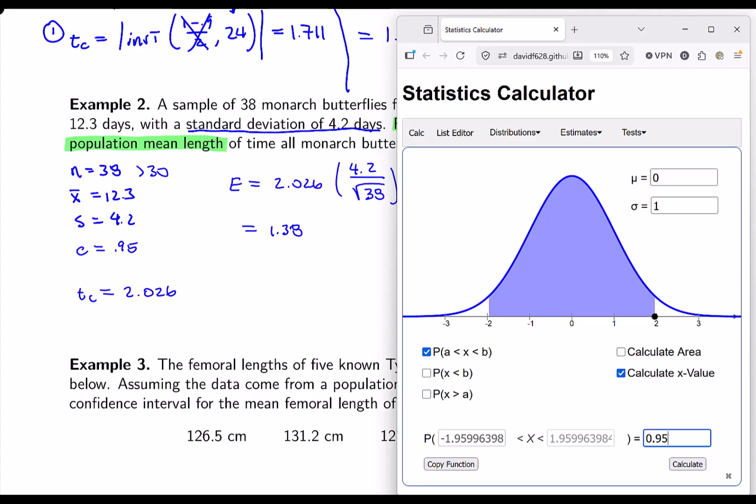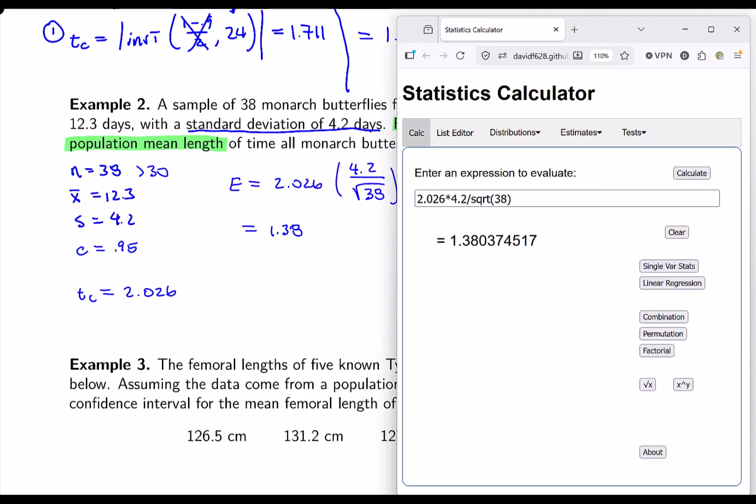And if this multiplier becomes a little bit smaller, then a smaller number times this value, which would still be the same, would make this a little bit smaller. So it's going to make the margin of error smaller. And if the margin of error is smaller, then you have a smaller interval. If the margin of error is bigger, you get a wider interval.